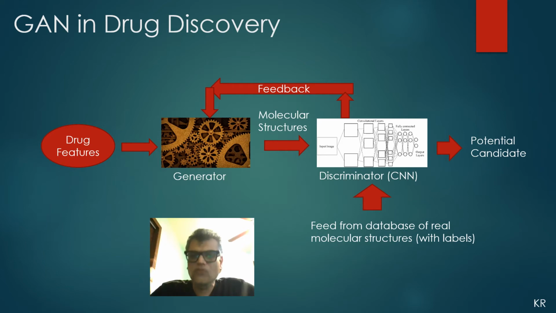The discriminator also receives labeled data of real molecular structures. This way, it can compare the required features with the features in the real molecular structures and come up with potential candidates that can potentially bind to the disease protein.